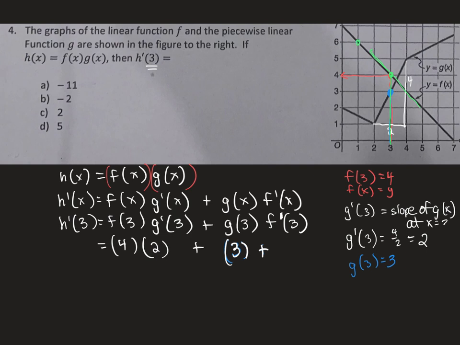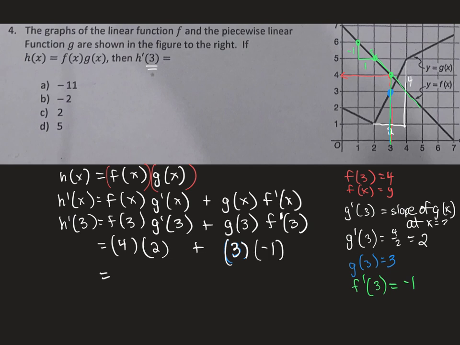It actually looks like it's going through the grid line, so I'm going to pick these 2. So it goes down 1 and to the right 1. That means the slope of the f graph would equal -1 over 1, and that would be the same anywhere on that line. So that means our f prime at 3 would equal -1.